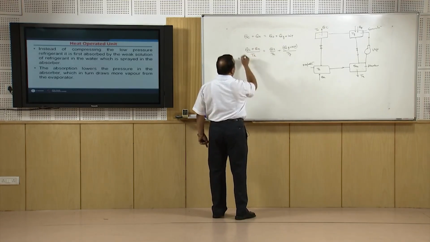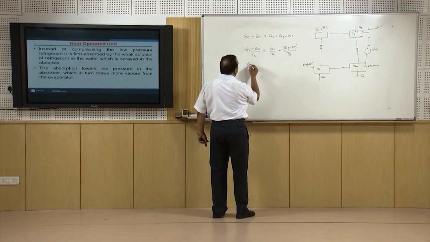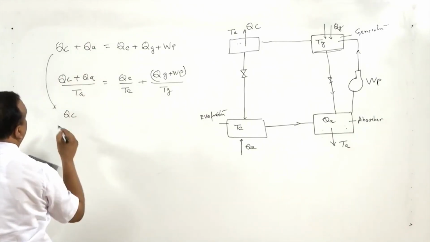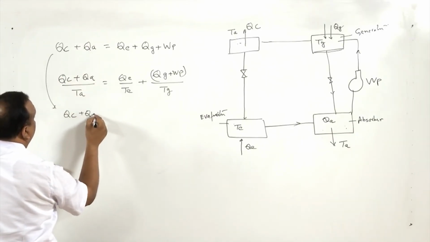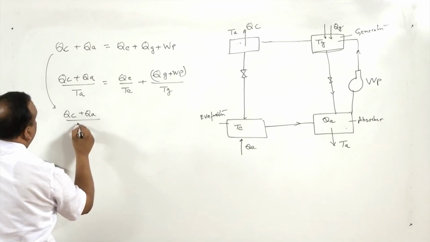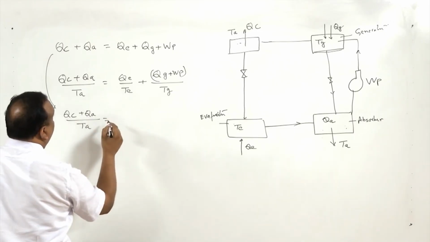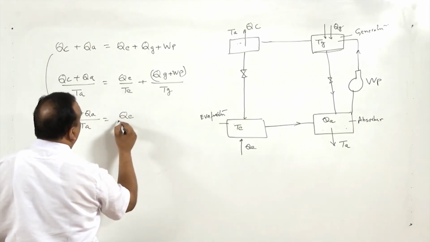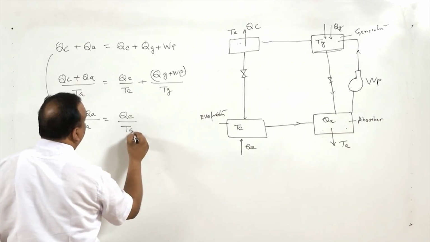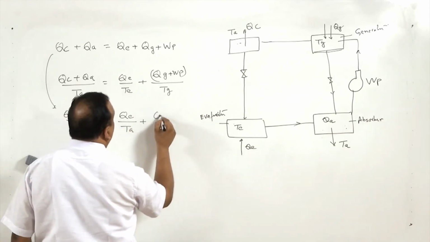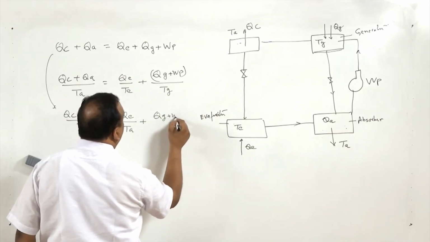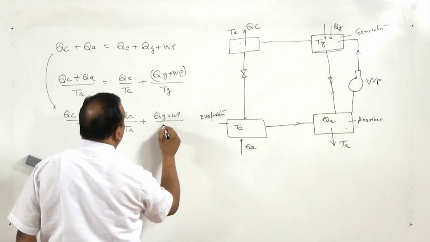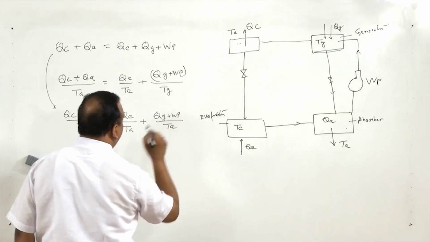Now, if we divide this equation by TA, then we will be getting (QC plus QA) divided by TA is going to be equal to QE by TA plus (QG plus WP) by TA.